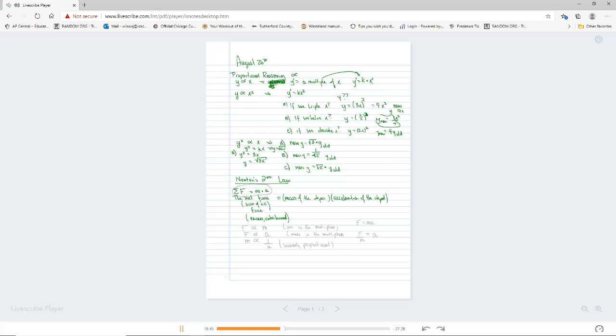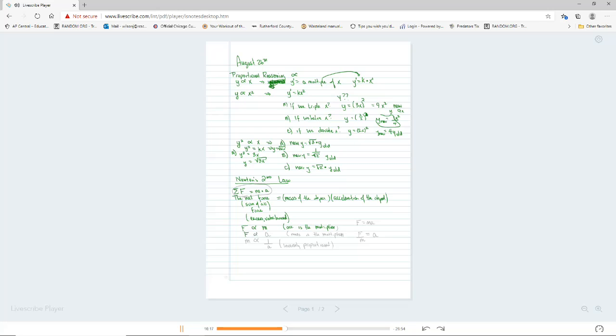Except for placeholder. Okay, so the net force is going to be mass times acceleration. So let's ask this. Force is proportional to what? Directly proportional to? Pick one of them. Because you only can have a proportionality between two variables. So I would agree that force is directly proportional to mass, because then acceleration is the multiplier.